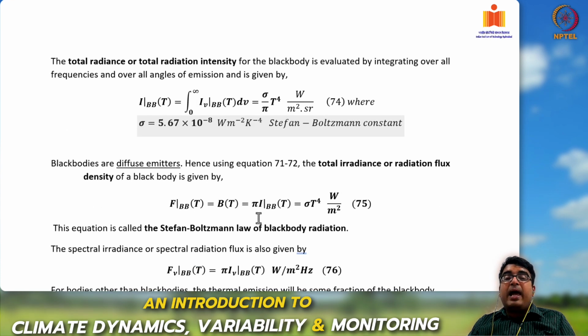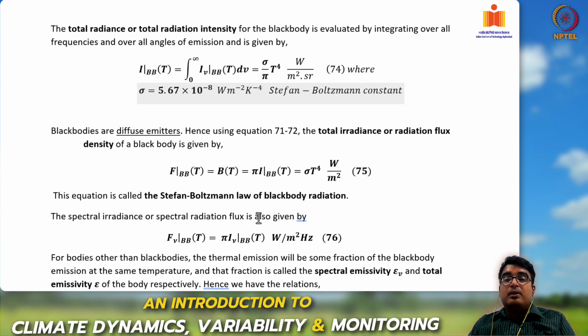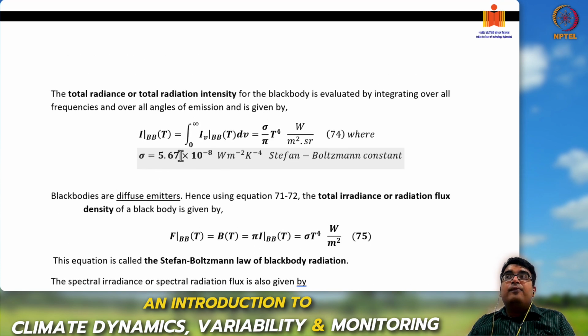Now, since black bodies are diffuse emitters, the flux density F will be pi times the radiation intensity I, whether it's spectral or total.